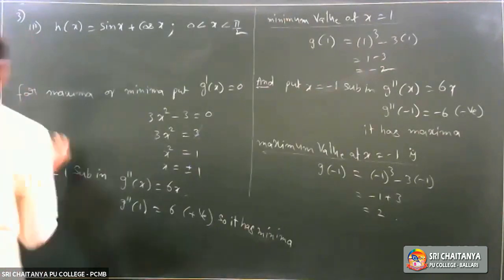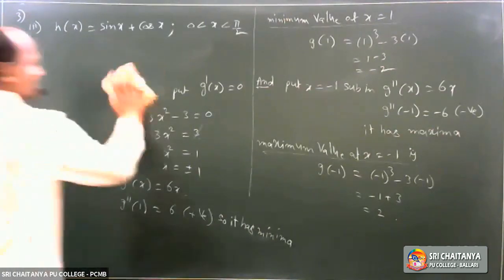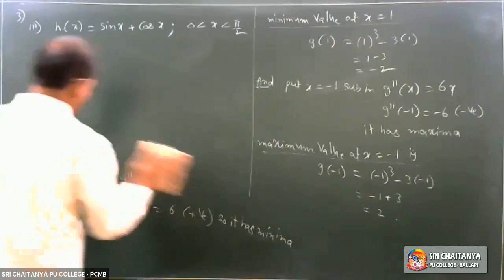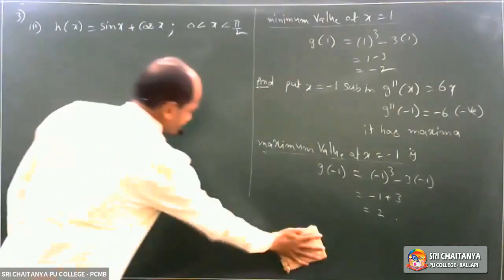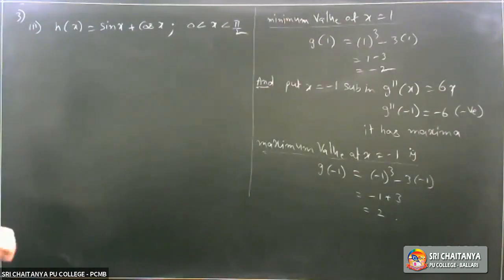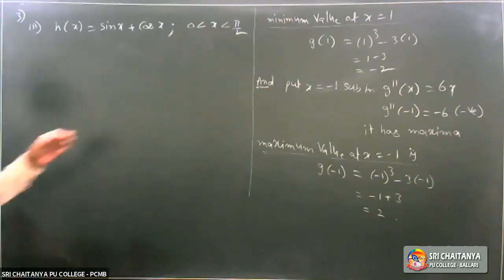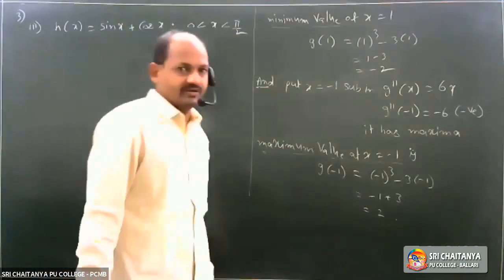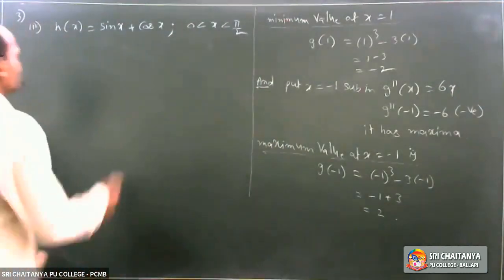That means only the first quadrant. Listen. Given h of x is equal to sin x plus cos x, 0 less than x less than pi by 2. That means only the first quadrant.